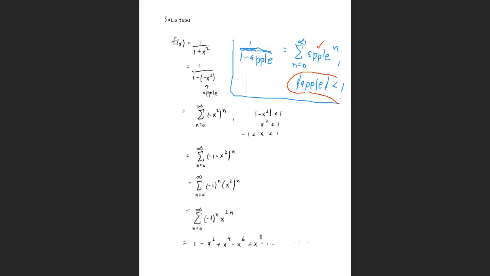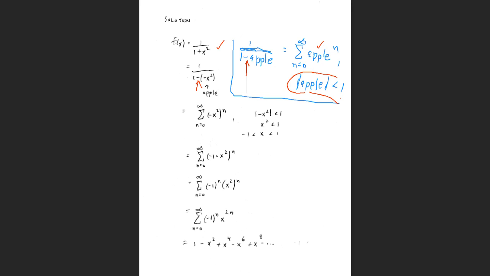So for my function 1 over 1 plus x squared, to use the formula I need a minus. So I write positive x squared as minus negative x squared. I can do that. 1 plus x squared is 1 minus the quantity negative x squared, and negative x squared becomes my apple.